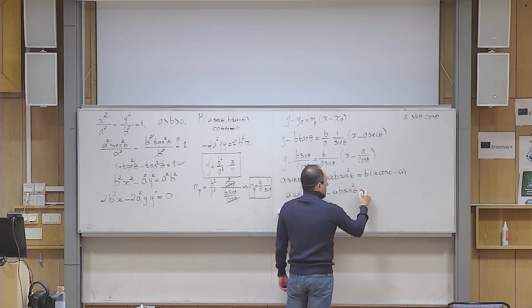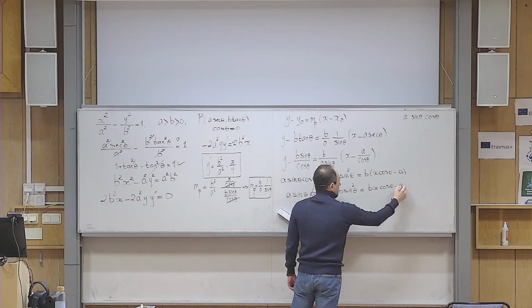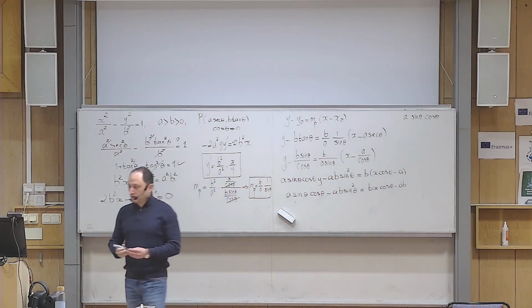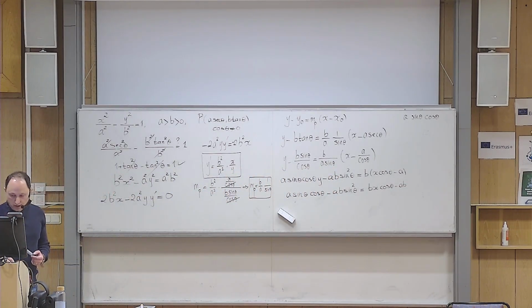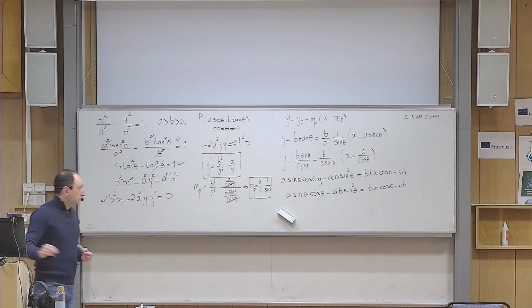And then if I multiply this, it becomes bx cosine theta and then minus ab. Let me see, I don't remember what the equation was. So if you see, the equation is bx minus a. So I want to have ab cosine theta on the right hand side and everything else on the left.